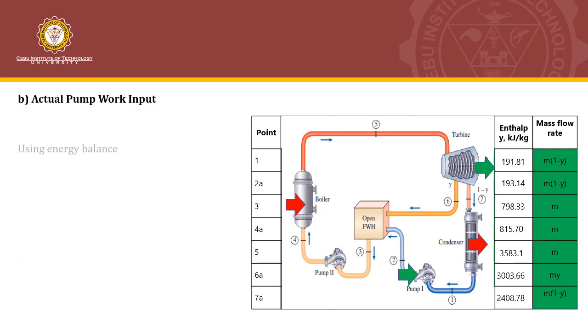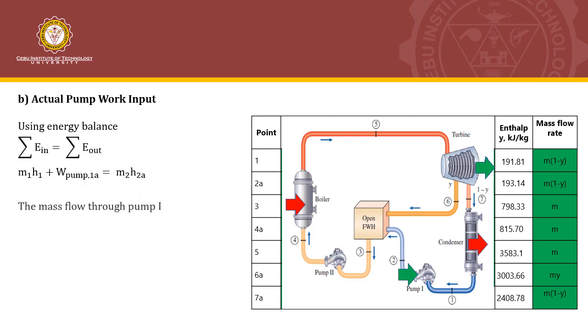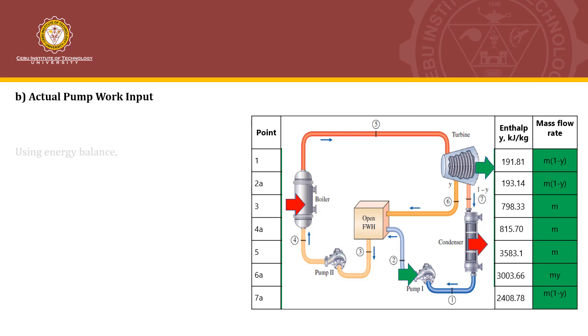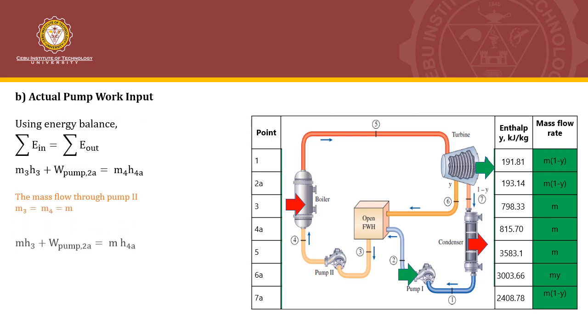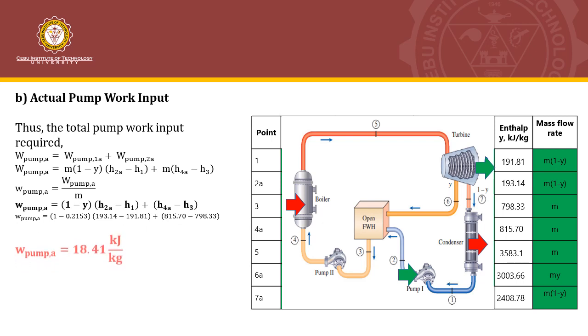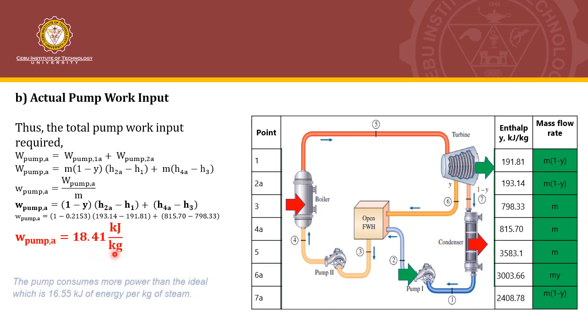For the actual pump work input, it's just the same formula, same process. Basically, we just replace the value of H2 with H2A, as well as H4 with H4A. So substituting the value of H2A and H4A in the equation, we can get the actual work required in the pump.